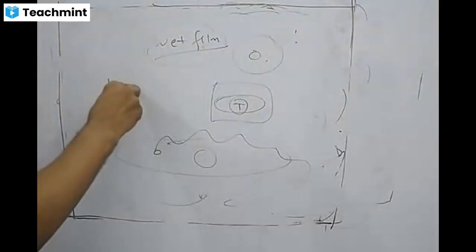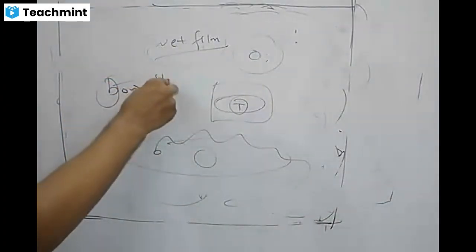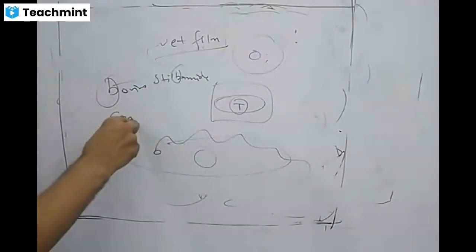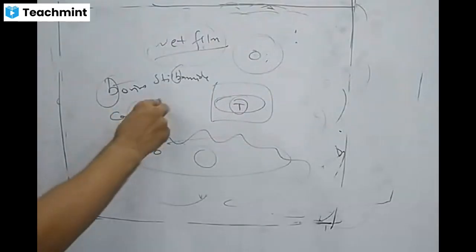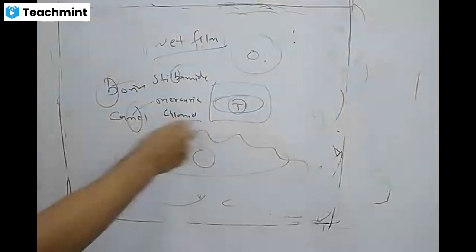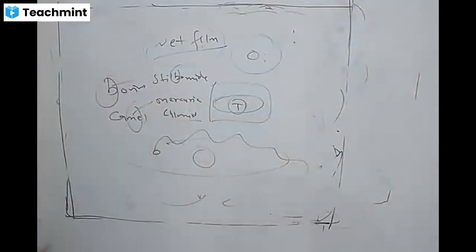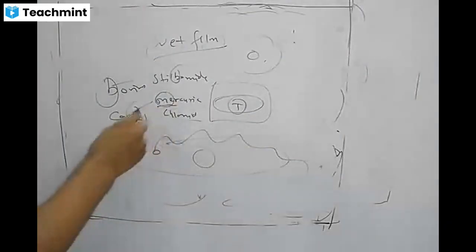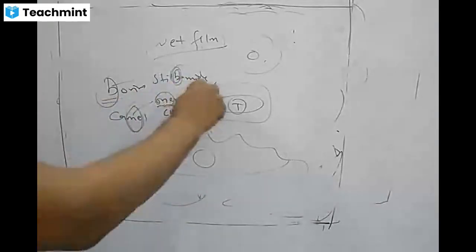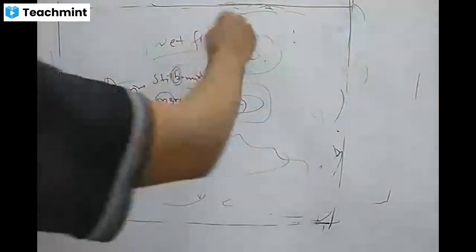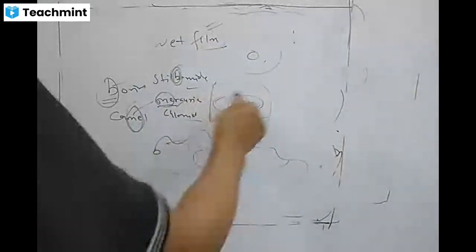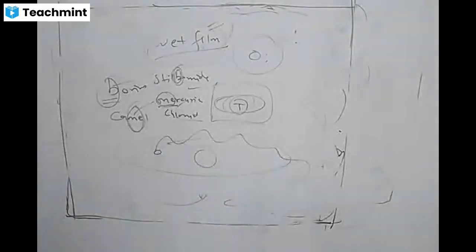For bovine we have the stilbamidine test, and for camel, the name itself, ME, you have the mercuric chloride test. So these tests were asked in the exam. The mercuric chloride test is for camel, and stilbamidine for bovine. Wet film is the field level test, a simple rapid test, because you take a slide and just see.